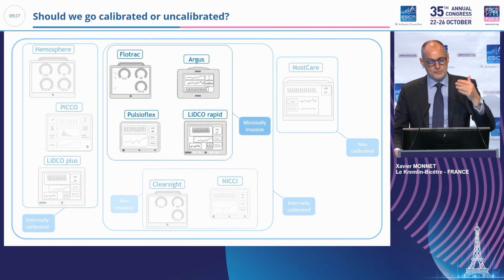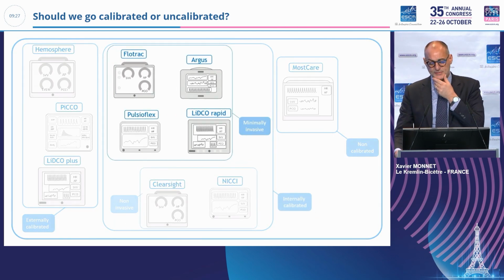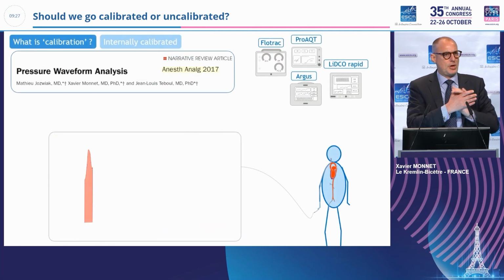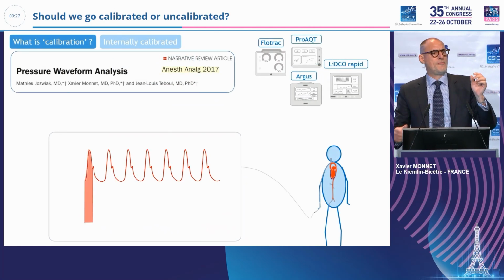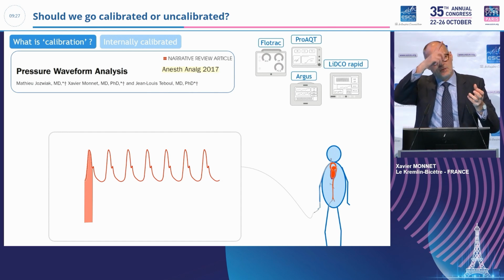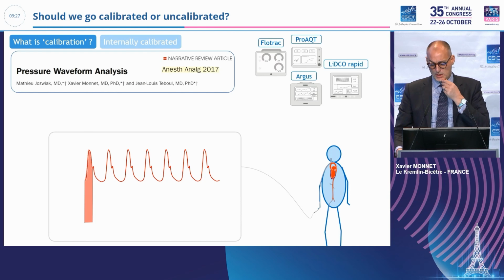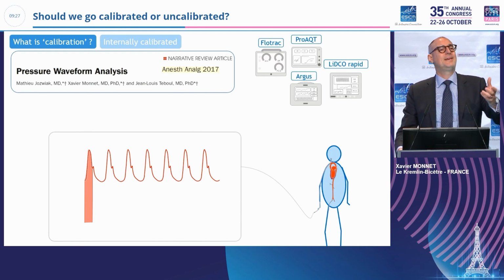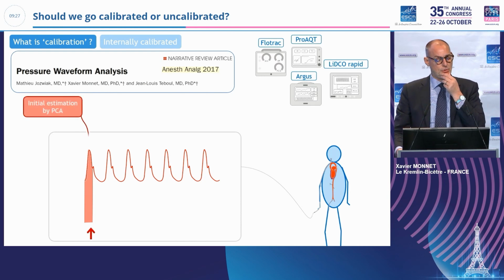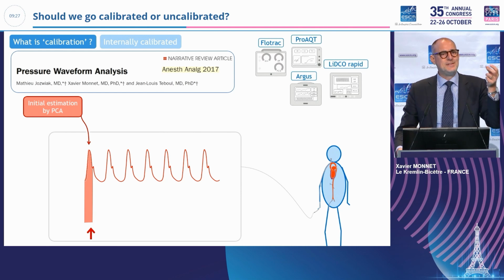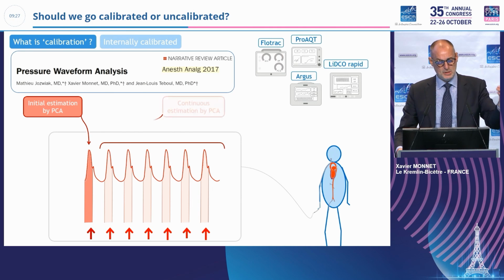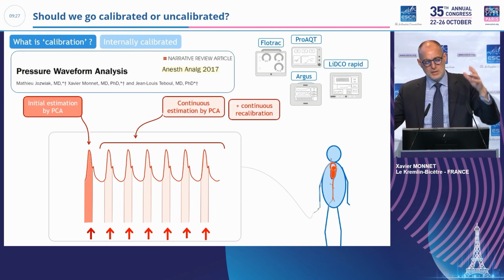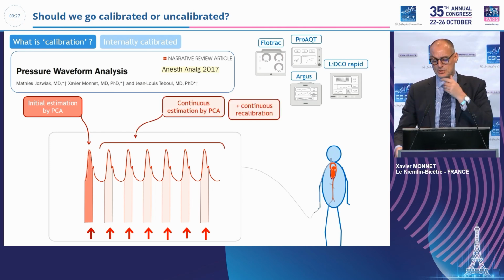With what one calls the minimally invasive devices, there is an internal calibration, an analysis of the geometrical form of the waveform of the arterial pressure, so the amplitude and the geometrical waveform allows the system to have an internal initial calibration. And after this internal calibration, the system estimates stroke volume beat by beat. In addition, there is likely a continuous readaptation of the system.